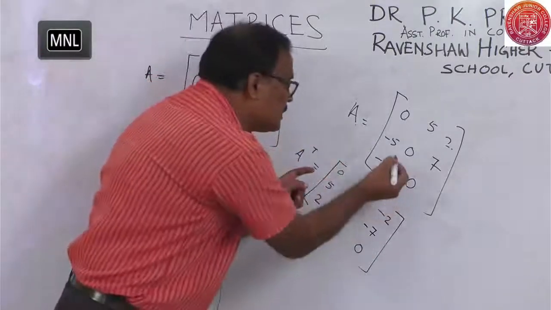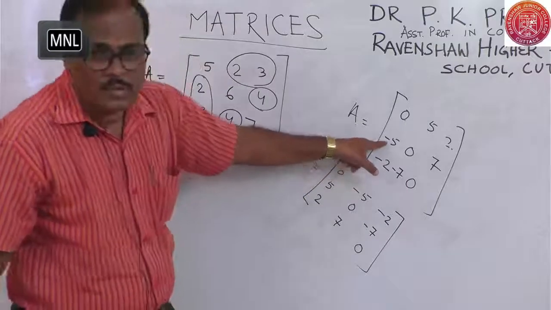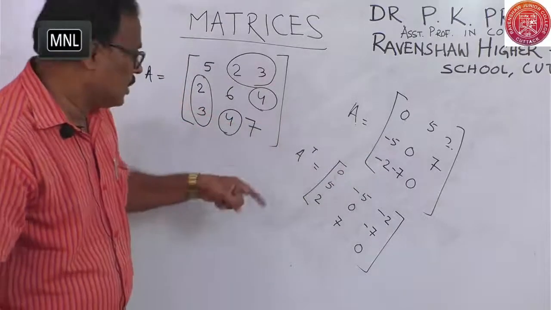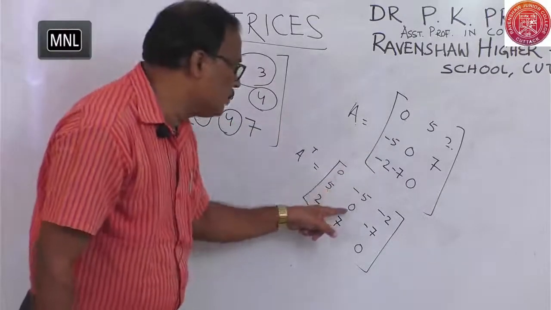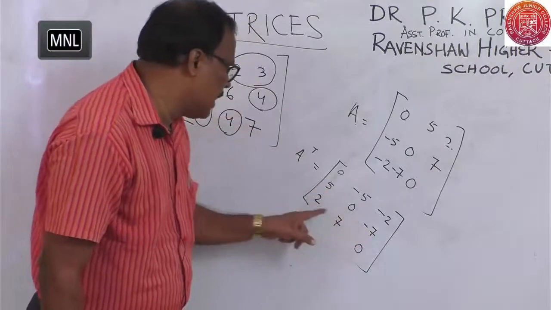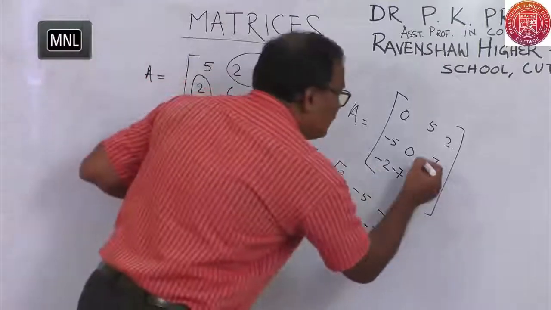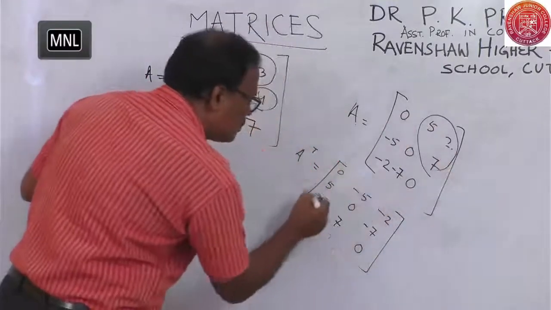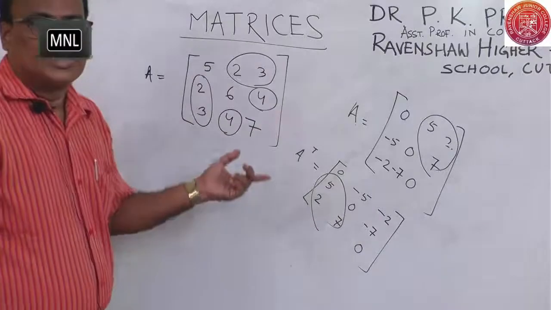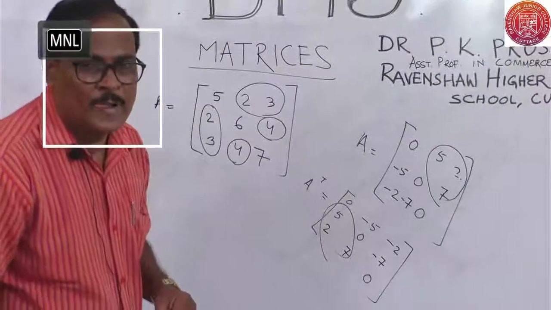Then this is -5, that is converted into 5, then 0, then 7 is -7, -2 is 2, then -7 is 7. Now you find out these elements, the second row and third row elements.